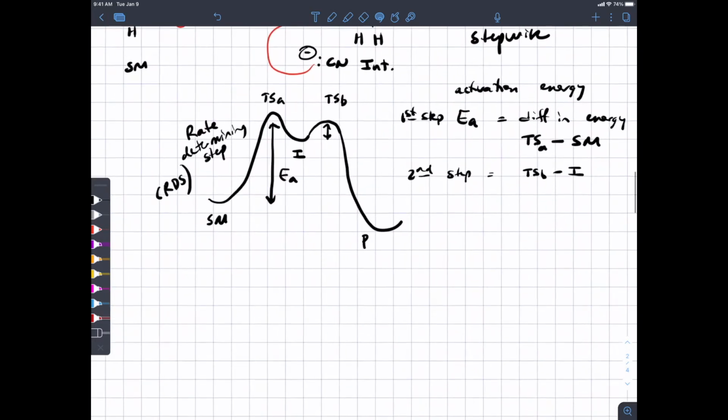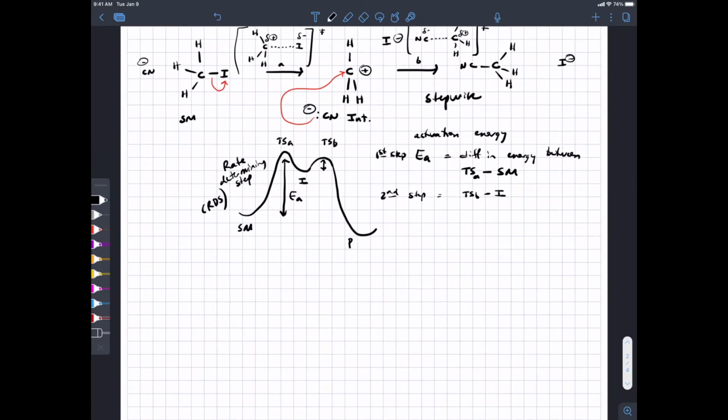The rate law for mechanism 3, the rate would depend on what? K is a rate constant. That rate constant is related to activation energy. I told you that only the rate determining step matters. It's the one that determines the rate. So when you write a rate law for this reaction, it's got to involve all the molecules that are part of the rate determining step.